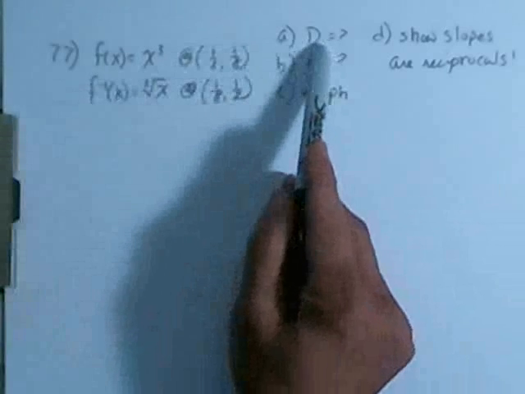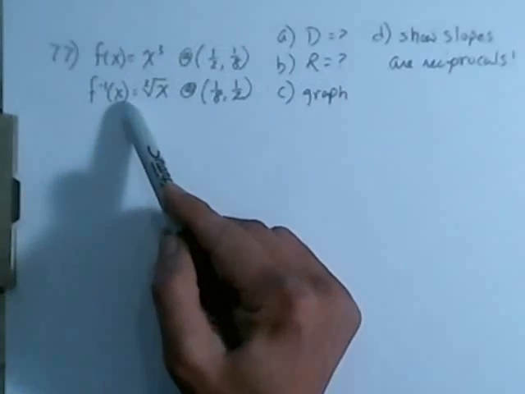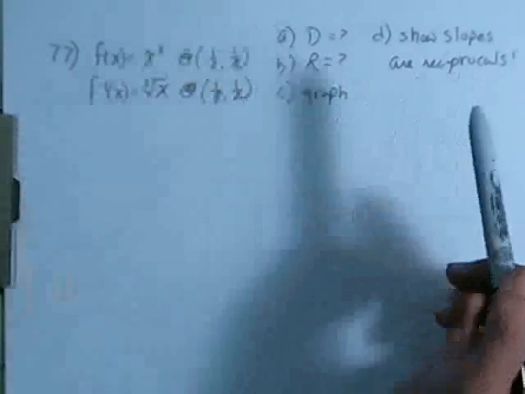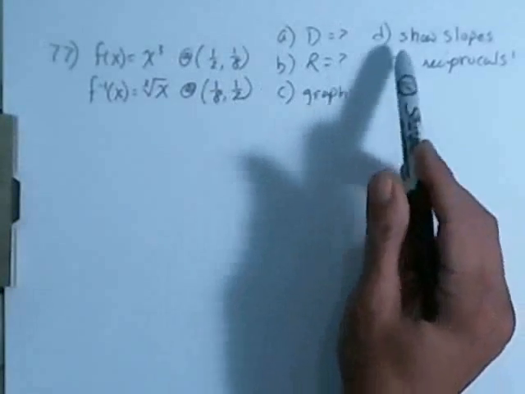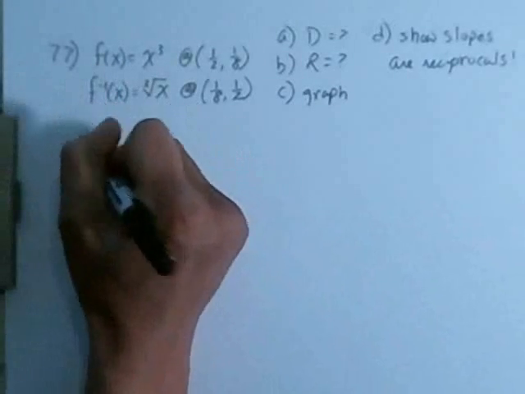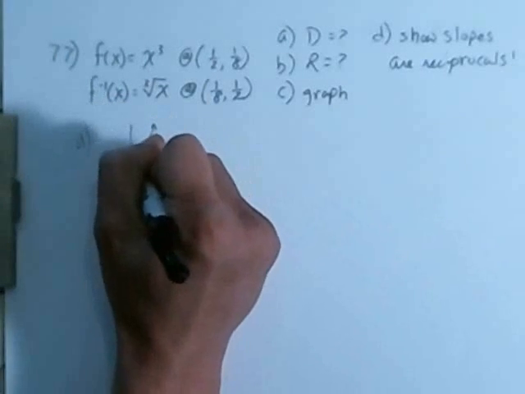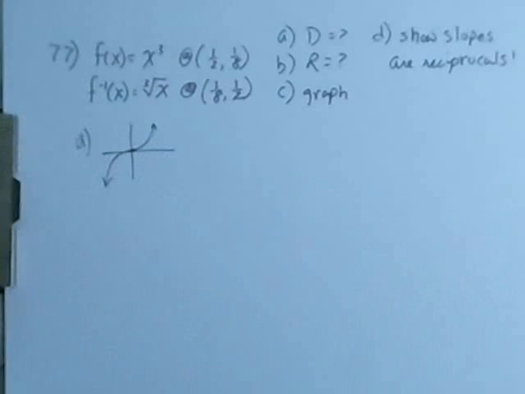First of all, we want to find the domain of the f function, the f inverse function, and the range of the f function and the f inverse function. We want to graph it out and show the slopes are reciprocals. So it shouldn't be too difficult. On part A, the domain of that function, if you graph it out, looks something like this. That's a cubic function.